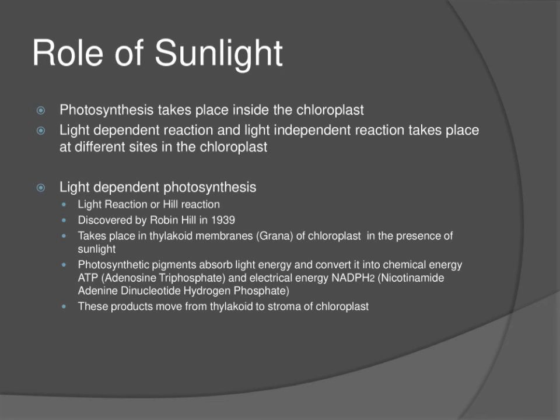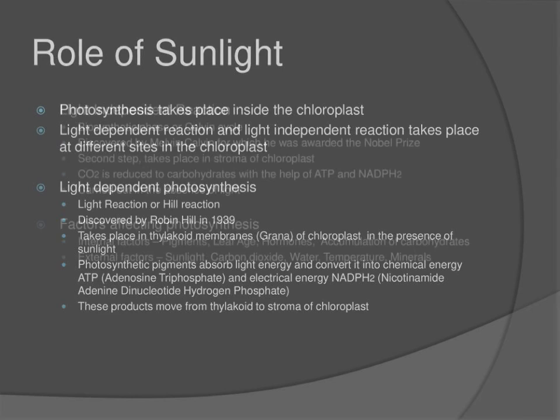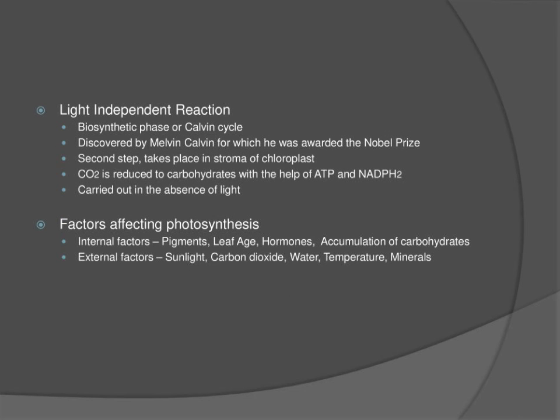Now, as we have seen, there are two reactions, light dependent reaction and light independent reaction. We have seen light dependent reaction. Now we are going to see light independent reaction. Light independent reaction is also known as biosynthetic phase, because only in this phase the carbon dioxide will be reduced to carbohydrates.